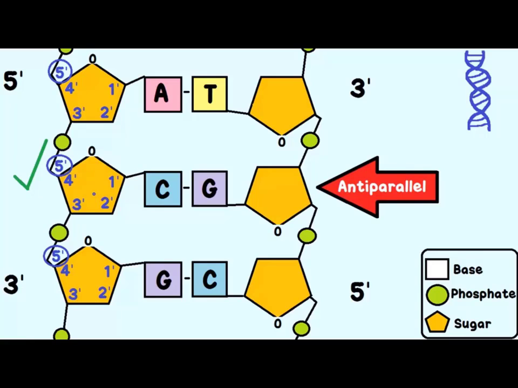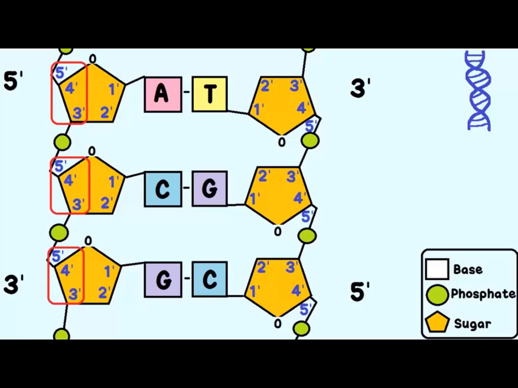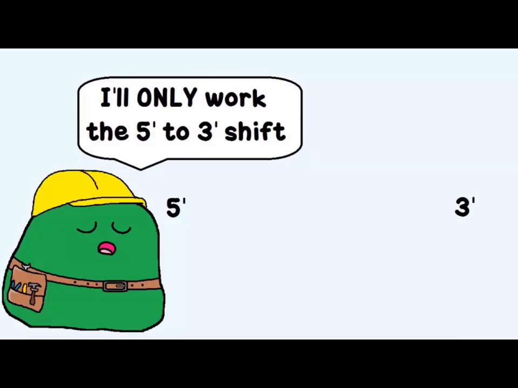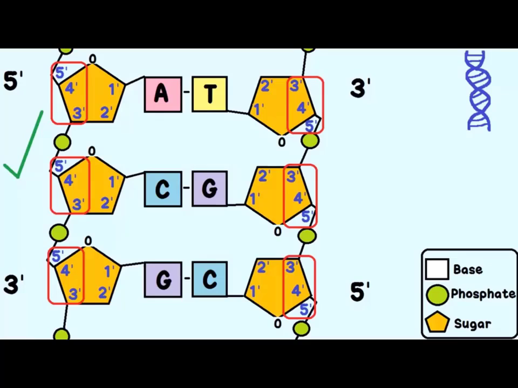So let's count these. Again, clockwise from the oxygen, 1', 2', 3', 4', 5', and the 5' is out of the ring. This strand on the left runs 5' to 3', and the strand on the right here runs 3' to 5'. Well, it turns out that DNA polymerase can only work in the 5' to 3' direction.